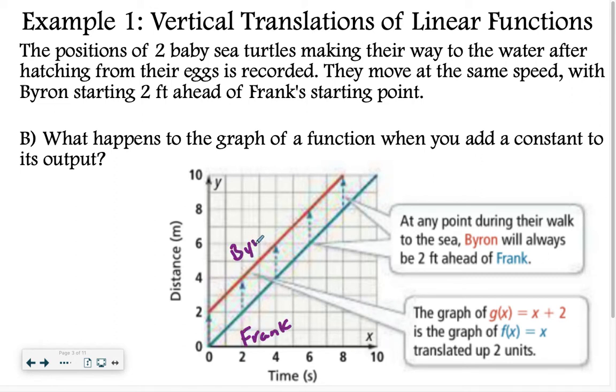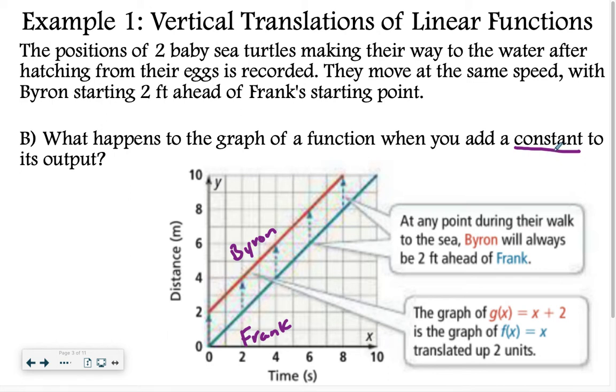Just to help you remember, what happens to the graph of a function when you add a constant to its output? You might have had a momentary panic because you see a couple of words like constant that you're not sure about, and you are just lost right then and there.